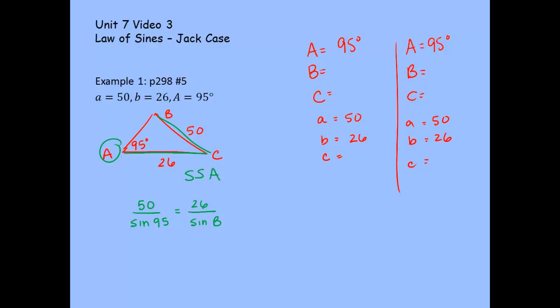I'm going to enter in my calculator 26 times the sine of 95, and then I'm going to divide that by 50. Make sure you close your parentheses if you're using extra parentheses, or just hit enter and then divide by 50. This is going to give us the sine of B. But I need to find angle B, so we will have to use sine inverse of the answer. That's how we're going to find angle B. Go ahead and do that now.